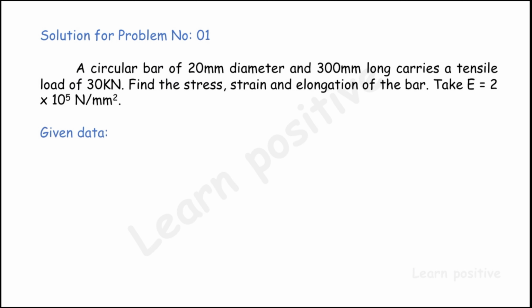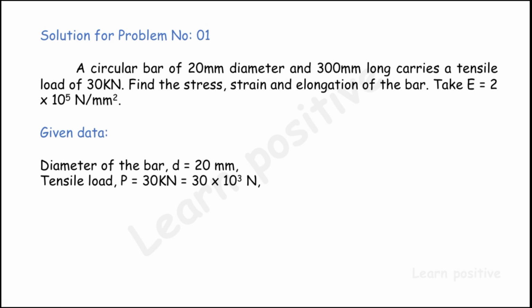The first one is we are going to write the data given in the question. The diameter of the rod, small d, is 20 mm, and tensile load P, capital P, is 30 kilonewton. Now I am going to convert the kilo as 1000, so I will convert it to 30 into 10 to the power of 3 Newton.